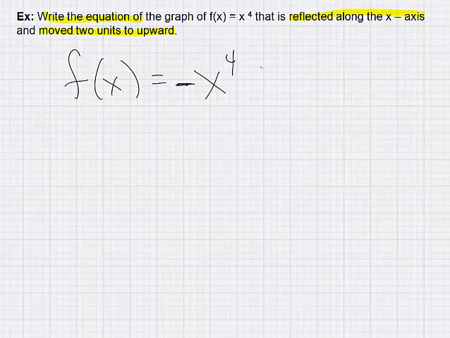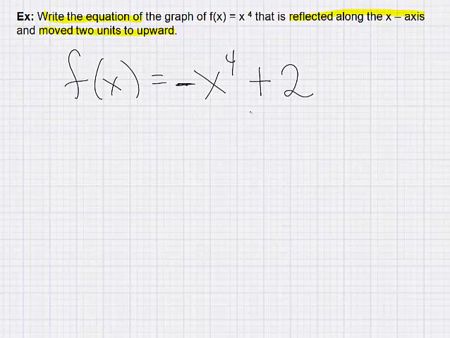Then if I move it 2 units upward, I should add 2 to that function. So if I reflect over the x, move it 2 units upward, this is what the new function will look like. So that's the equation of the new function. No graph is necessary here. The question said just write the equation.